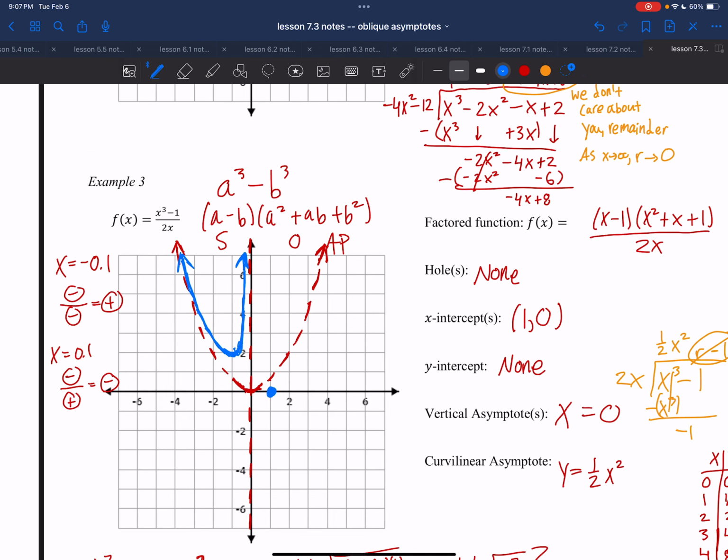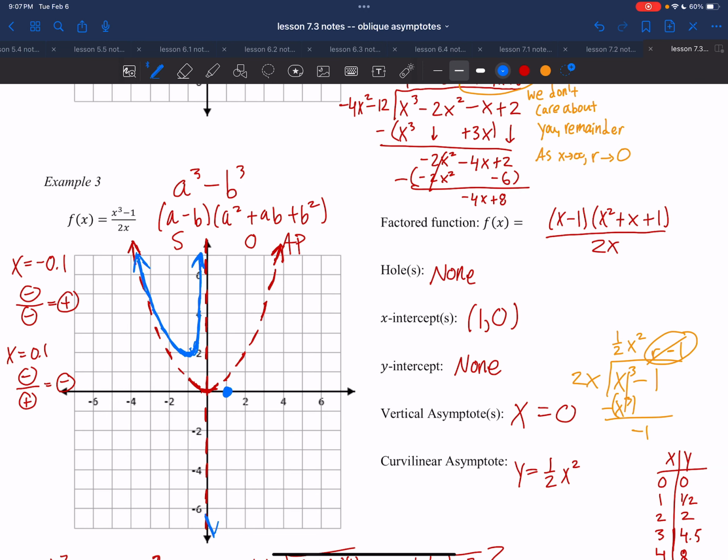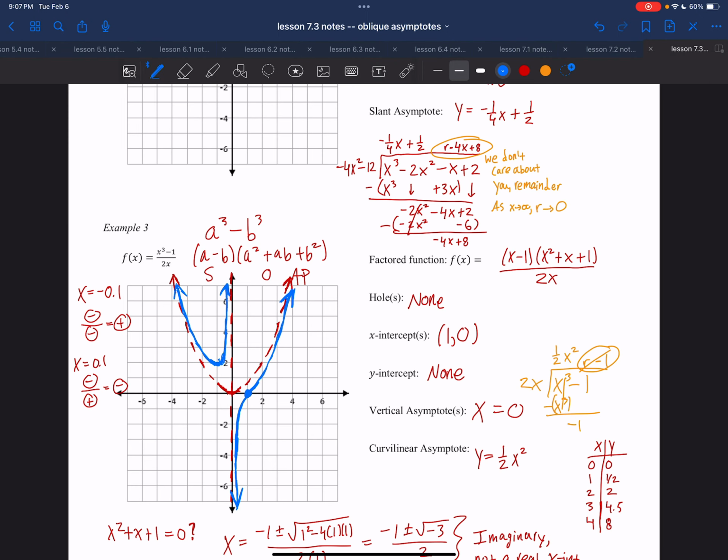So I'm going to start way down here, and I'm going to be close to the vertical asymptote for a while, but I'm going to come up and go right through the x-intercept, and then I'm going to follow this asymptote that's on the right here. And so that curve I've graphed in blue is the function. Yeah? That is the function. Oh my gosh.